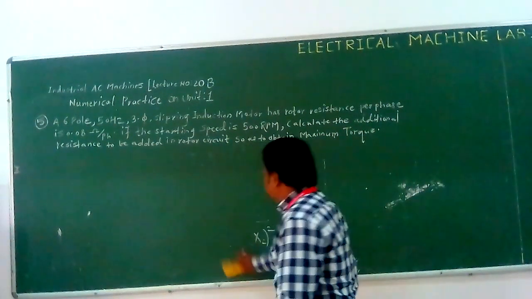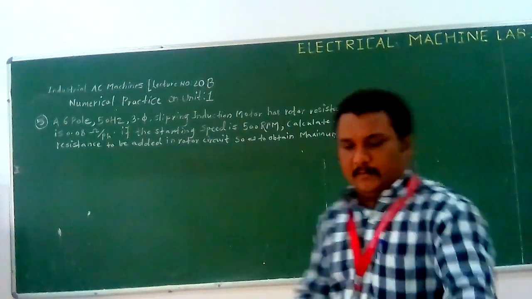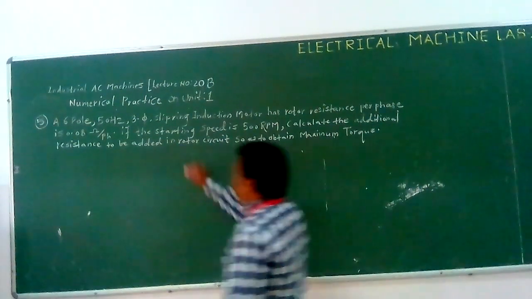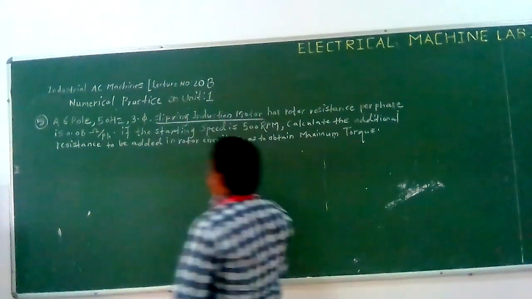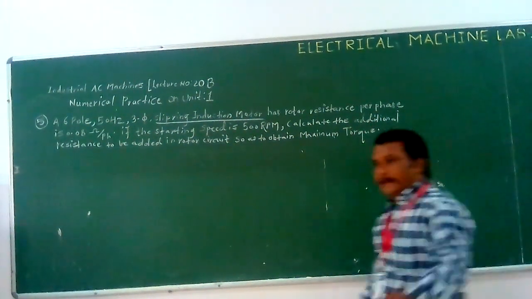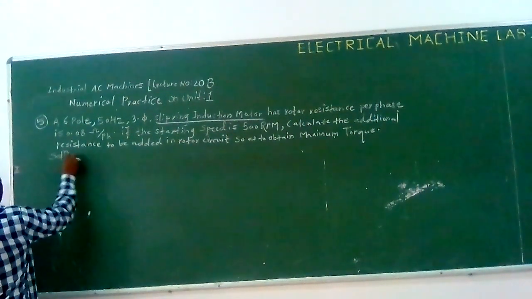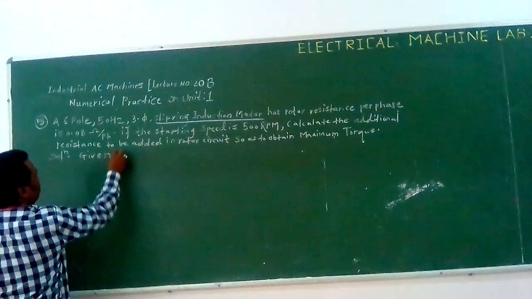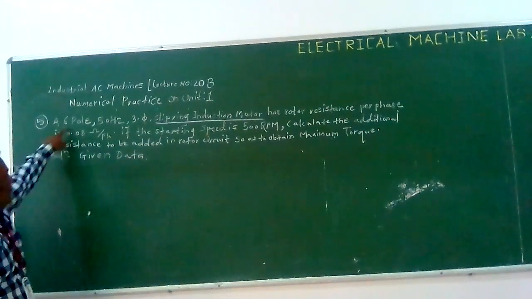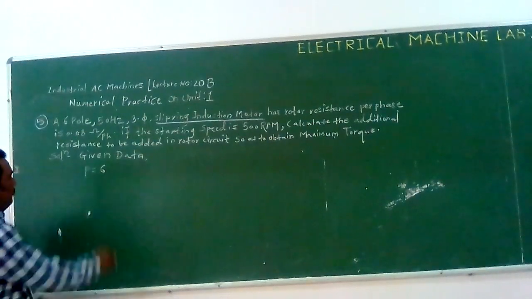Going to the actual numerical. Here the numerical is given: a 6-pole 50 Hz 3-phase slip ring induction motor. Clearly mentioned that it is a slip ring induction motor. Now let us write the given data one by one in the solution. First of all, the given data. Here the number of machine poles P is given as 6, frequency is given as 50 Hz.